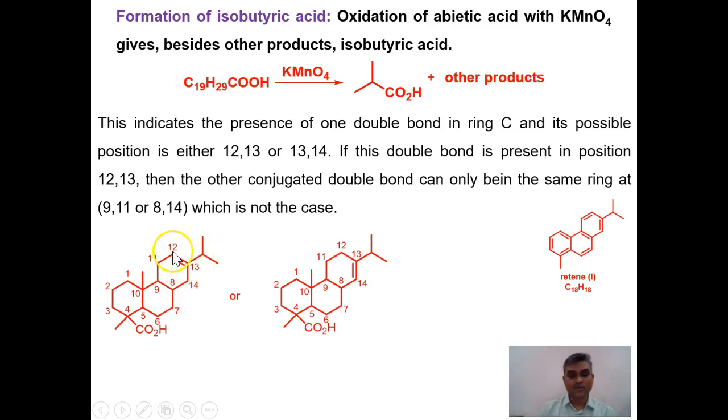One can put the double bond at carbon 12 and 13, or at carbon 13 and 14. Then and only then will we get isobutyric acid. So the position of one double bond is either 12-13 or 13-14, and the other double bond is conjugated with that, and please note that the other double bond is heteroannular.